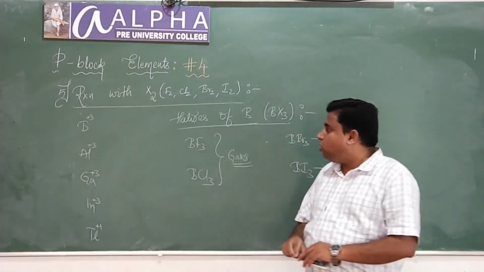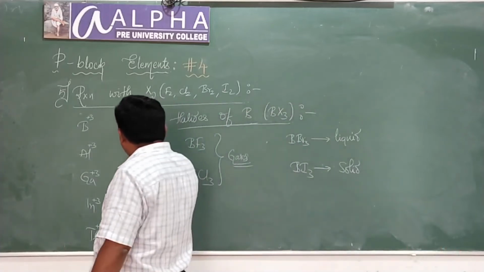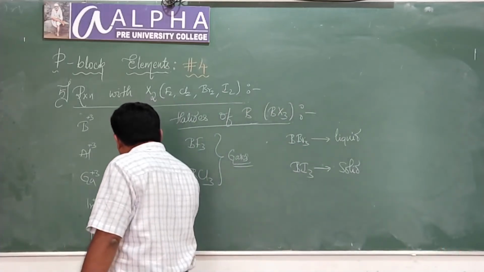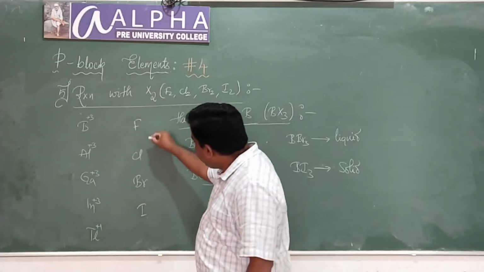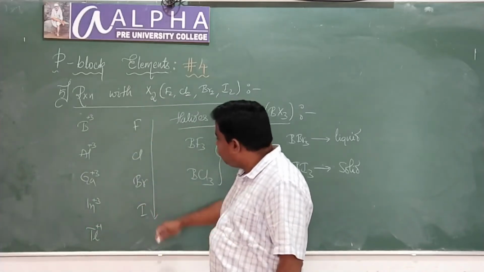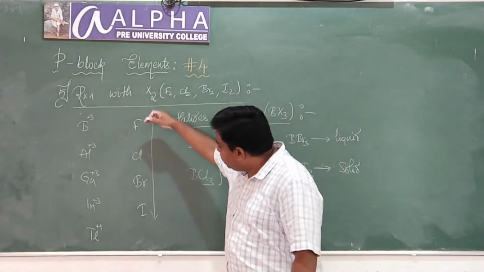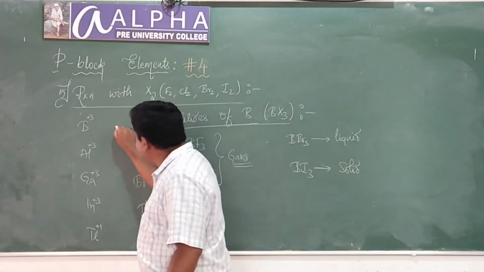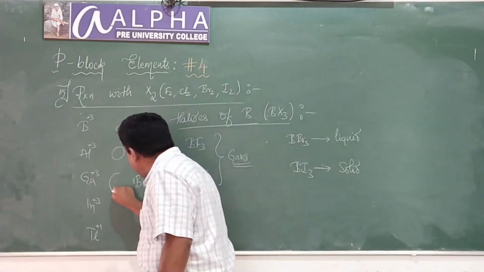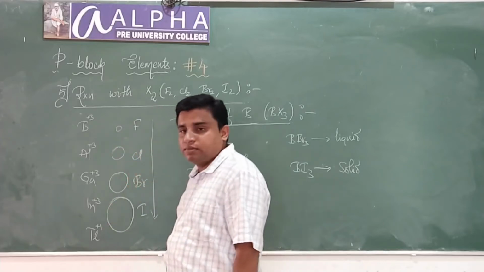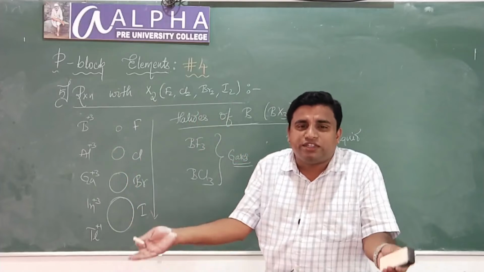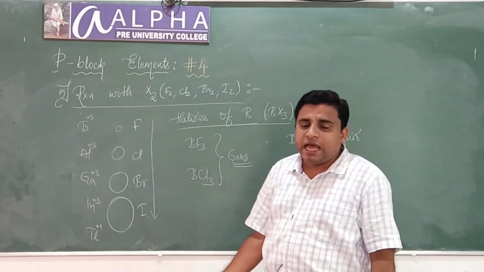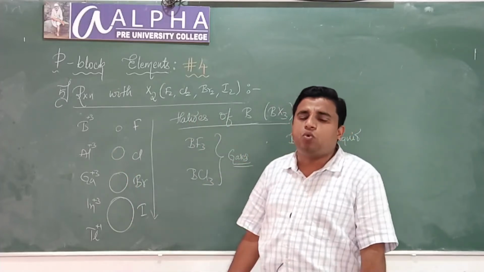We have fluorine, chlorine, bromine and iodine, isn't it? As we go down the group, the atomic size will increase, correct? As the atomic size increases, van der Waals force increases.